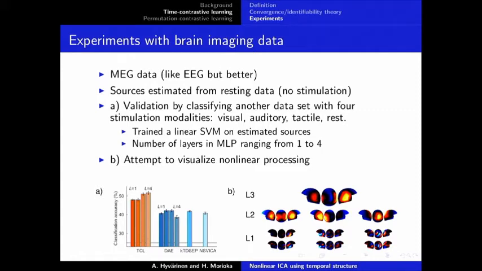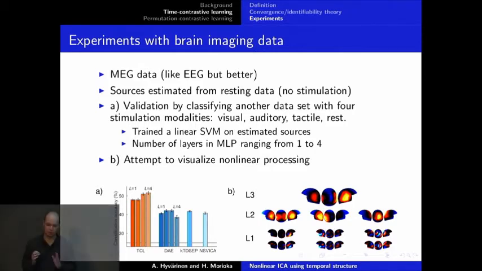So we applied the nonlinear ICA method on that kind of resting data, but then for validation we took data from the same subjects, but this time with different kinds of labels given by stimulation modalities. There was visual stimulation, auditory stimulation, and tactile stimulation, and then also rest periods in between, which gave us basically 4 different classes.